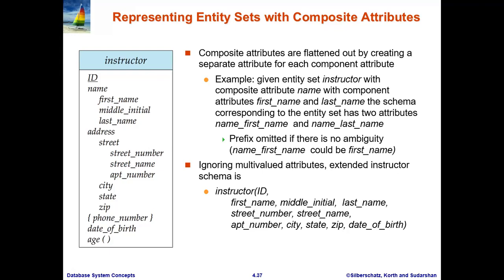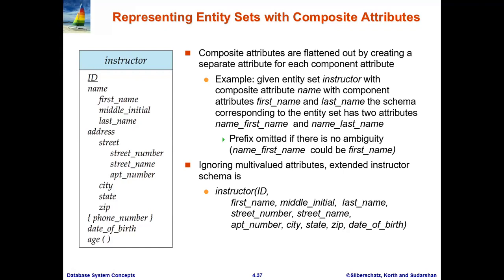So it will become first_name if there is no ambiguity between composite attributes. So this is how we can represent the composite attribute schema with component attributes, each component attribute of name.